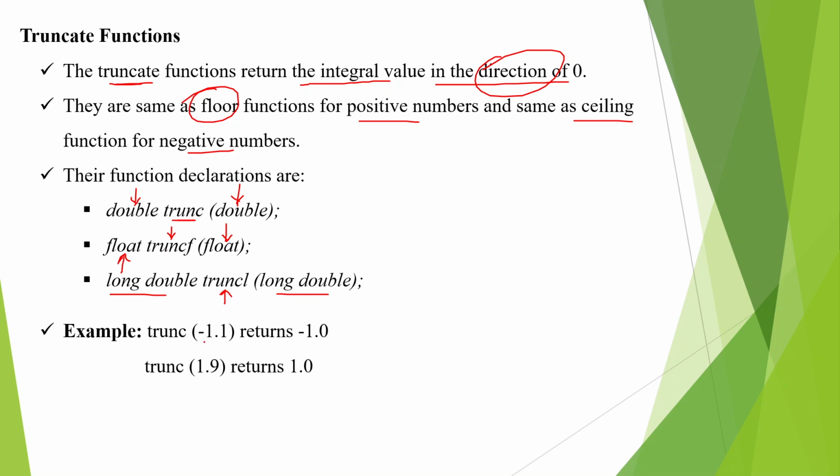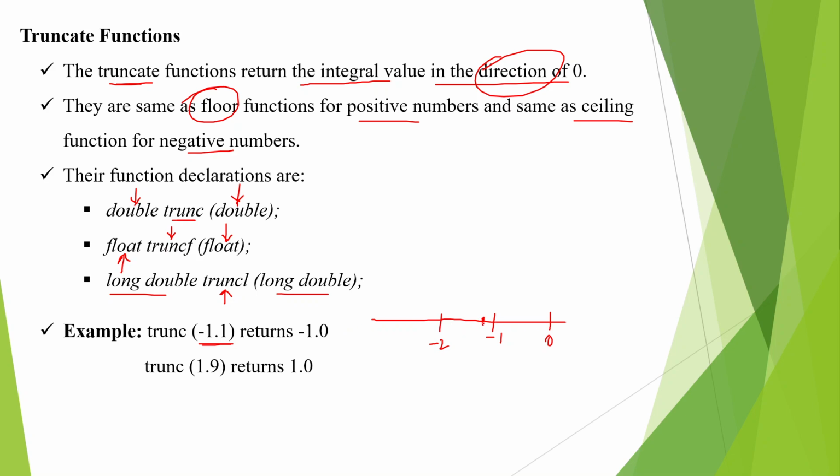So when you are calculating trunc of minus 1.1, if this is a negative number, I'll take the number line. This is my 0, this is my minus 1, this is my minus 2. Where will minus 1.1 go? Just past minus 1.